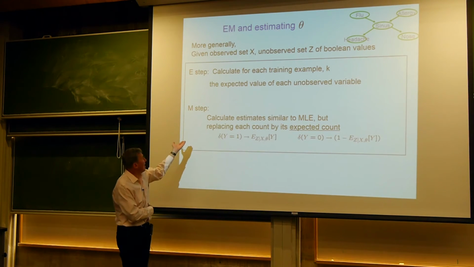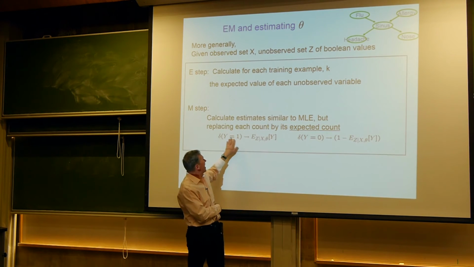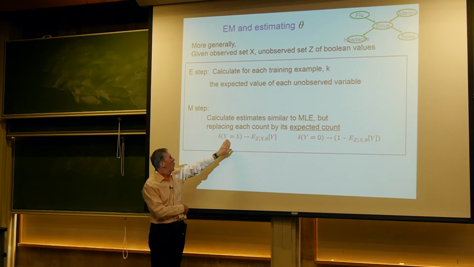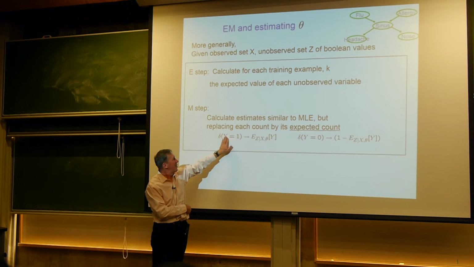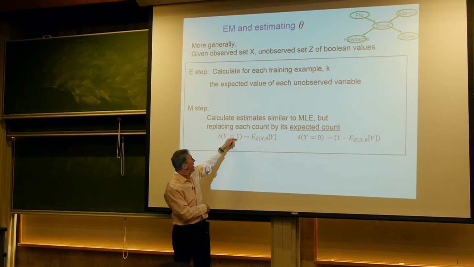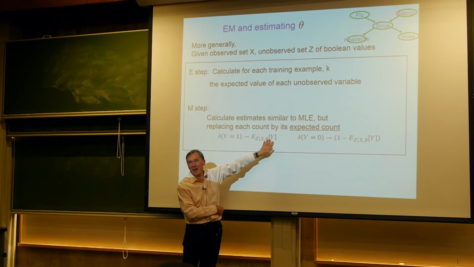And then on the M step, we get MLE estimates that are just like they used to be, except that where we used to count how many times a particular variable takes on a particular value, if that variable is unobserved, instead of counting it as a 1 or a 0, we count it as the probability that it's a 1 or the probability that it's a 0.